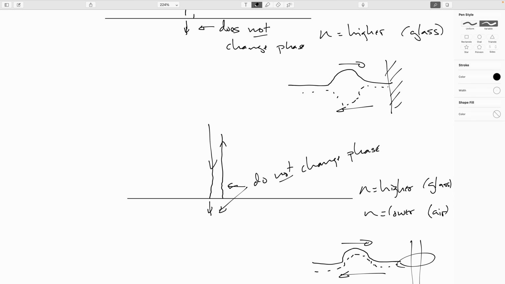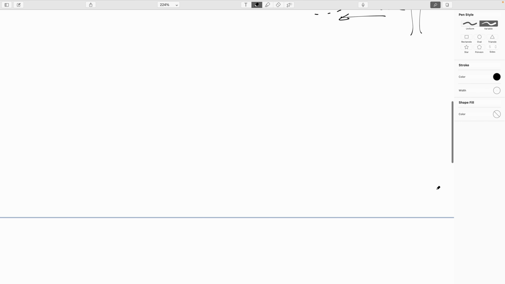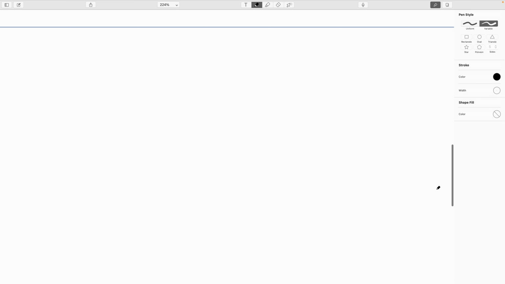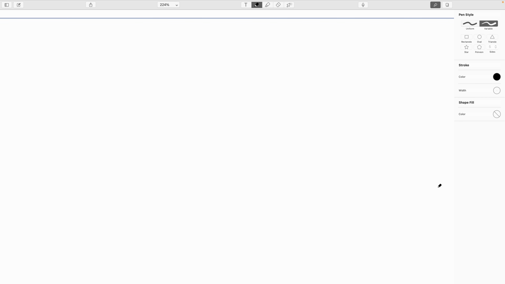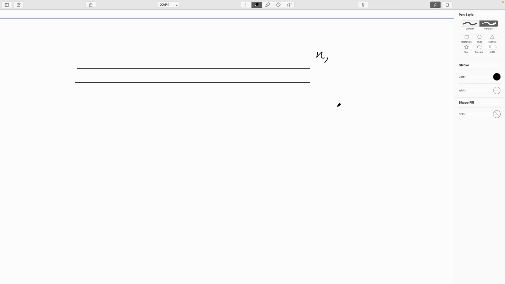So the application here is what if we have a thin film on top of our glass, as an example. So something like this. We'll say that this index is N1.